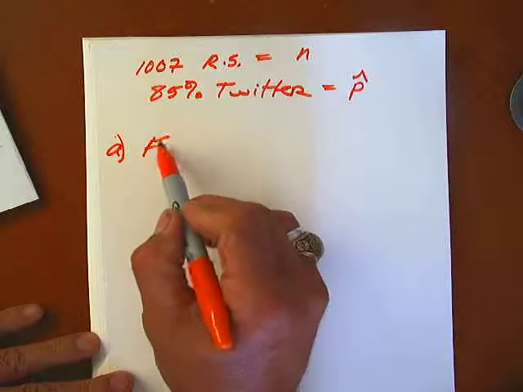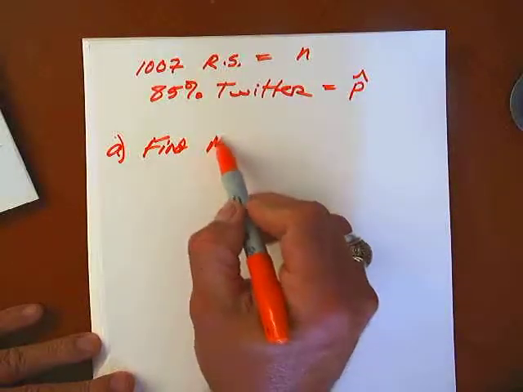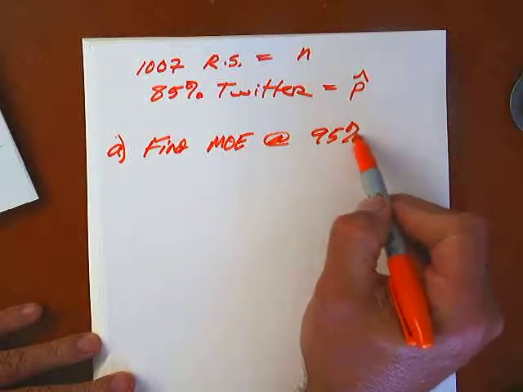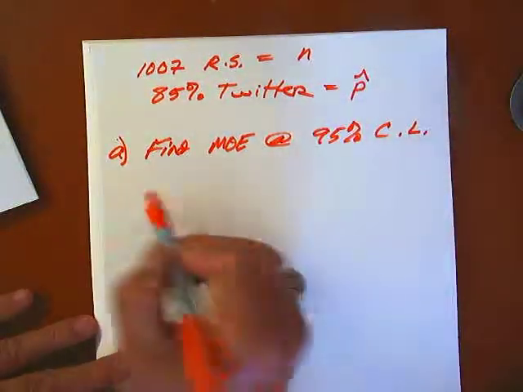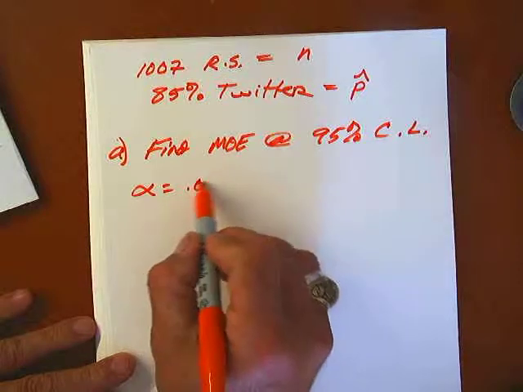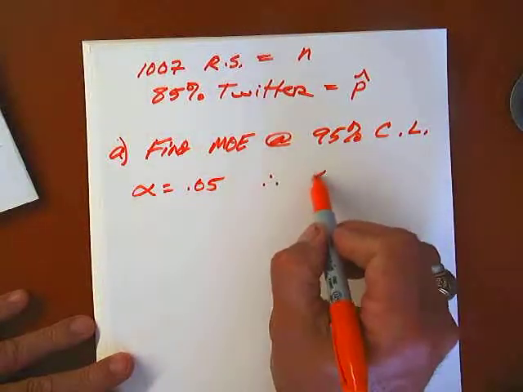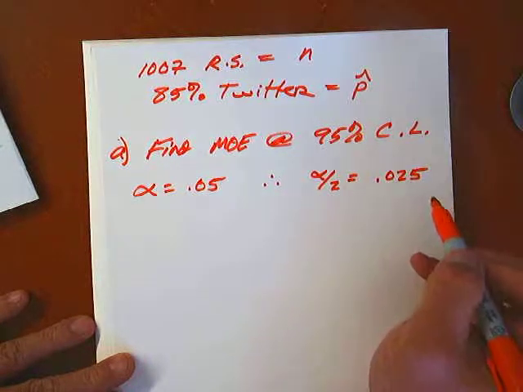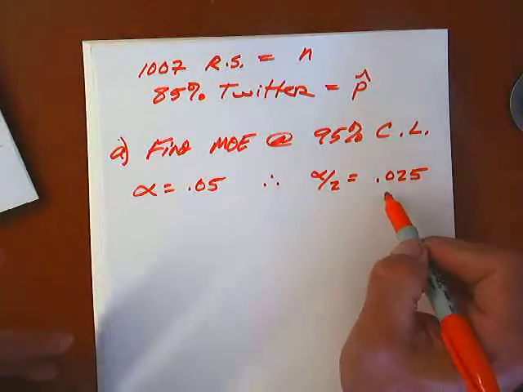The sample results are n is equal to 1,007, and p hat is equal to 0.85. It says find the margin of error that corresponds to a 95% confidence interval.